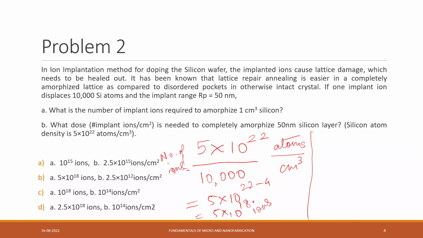Okay. So we know that for amorphizing 1 centimeter cube of silicon, we need 5 into 10 to the power 18 ions. We have this area as constant, and we will just go down along the vertical axis.